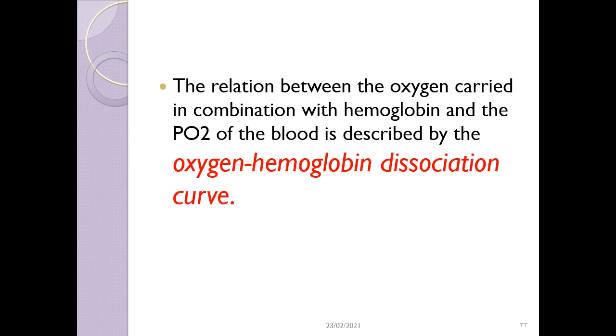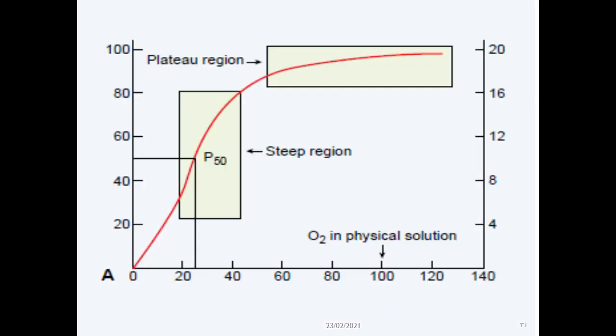This relation between the oxygen carried in combination with hemoglobin and the partial pressure of oxygen is described by the oxygen hemoglobin dissociation curve. This is the oxygen hemoglobin dissociation curve.